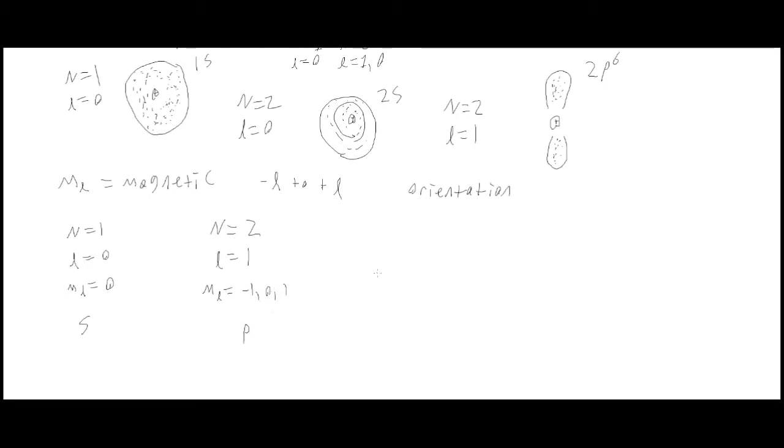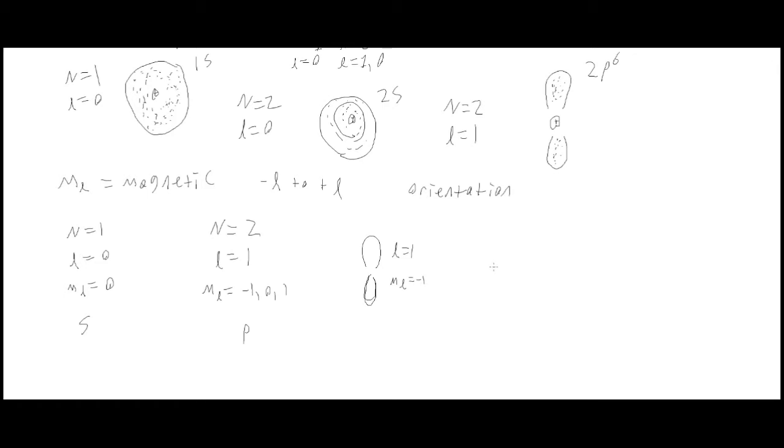That's the p orbital. And with that, we get this first type of p orbital, which would be, sorry, this should be the same size. So that would be n equals 2, l equals 1, and then m sub l equals minus 1.